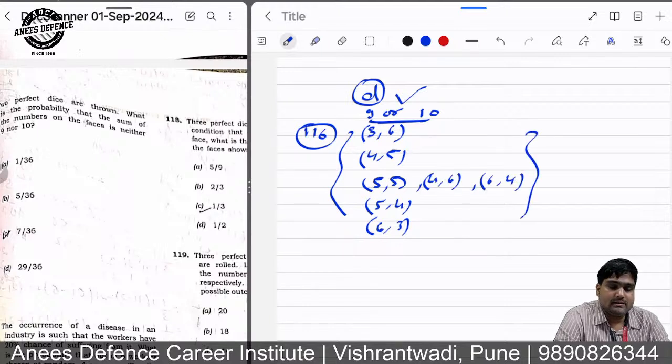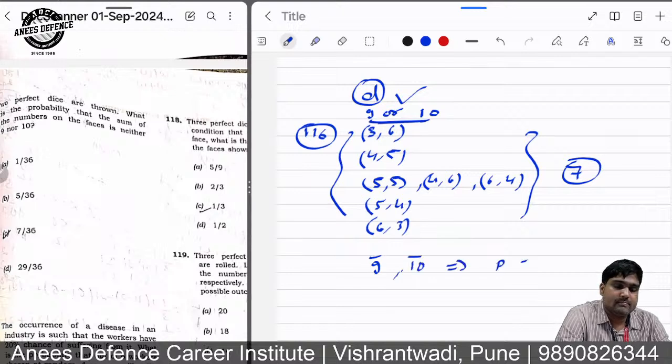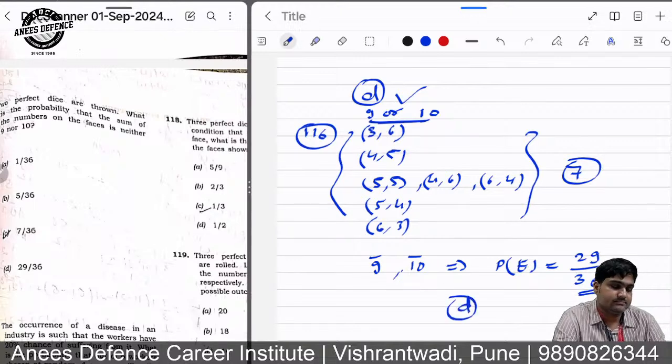So total cases are 7. So not getting 9 nor 10 is 36 minus 7, so 29 by 36. So option D is correct for 116.